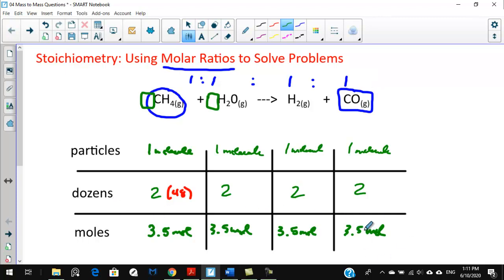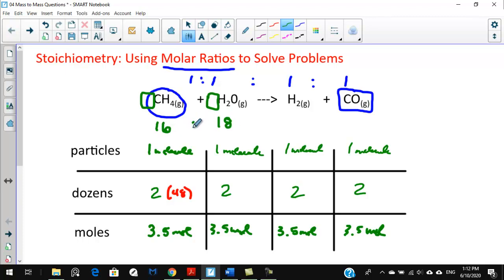And once you have an answer in moles, then you can turn your answer into mass. So you could actually figure out how much you're going to make or how much you need to go and get. But you can't use mass in these ratios. These ratios are for one particle to one particle. So they don't work with mass, because if you try to do this with mass, methane has a mass of about 16 and water has a mass of about 18.